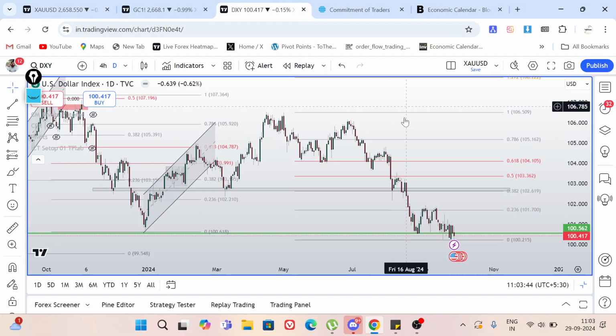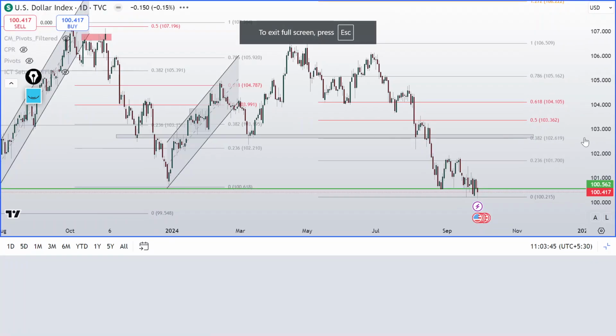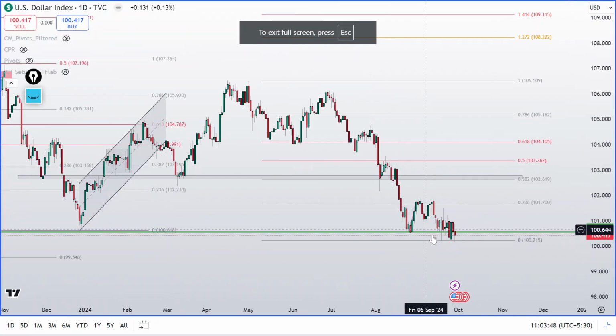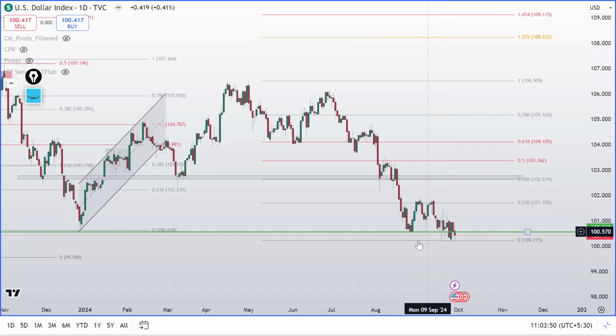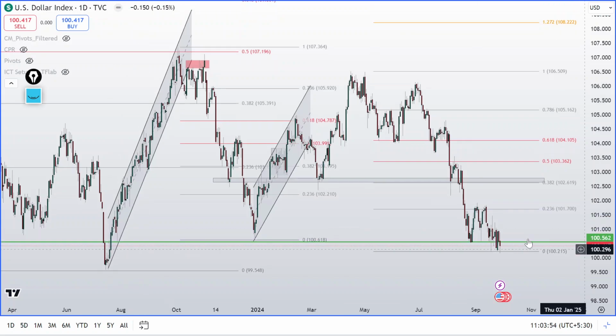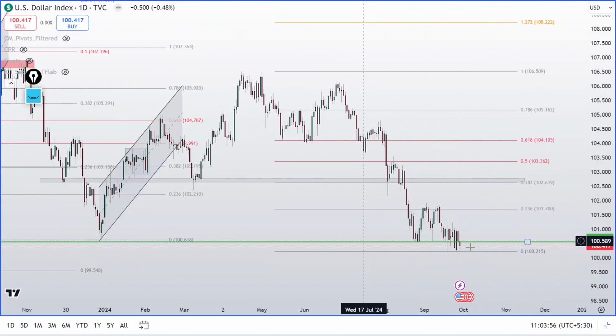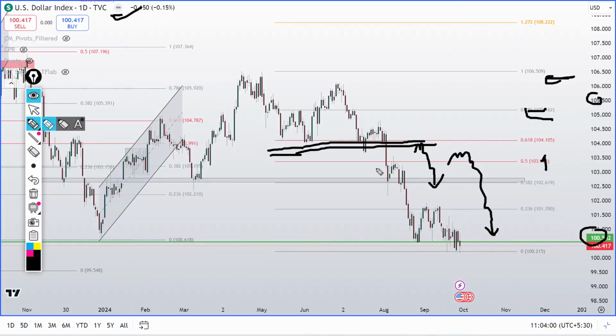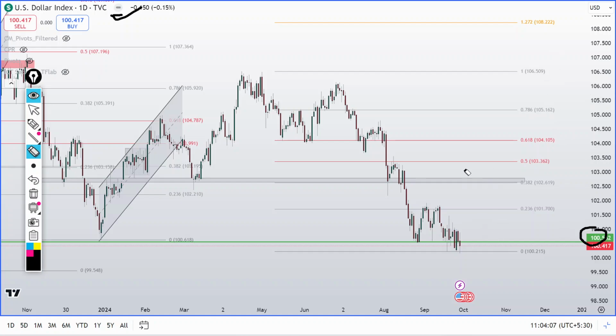Also, if we check the dollar chart, you can see the dollar is currently trading near a support area. This is the support area, and it has currently closed under this support area. In the previous week we saw that it respected and did not break down from this support area.